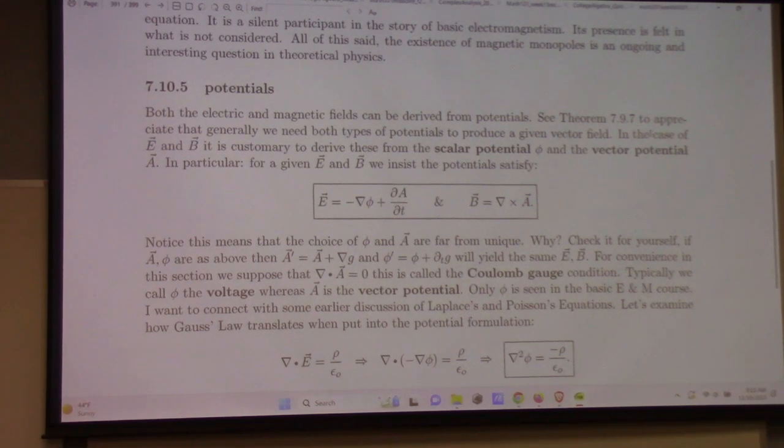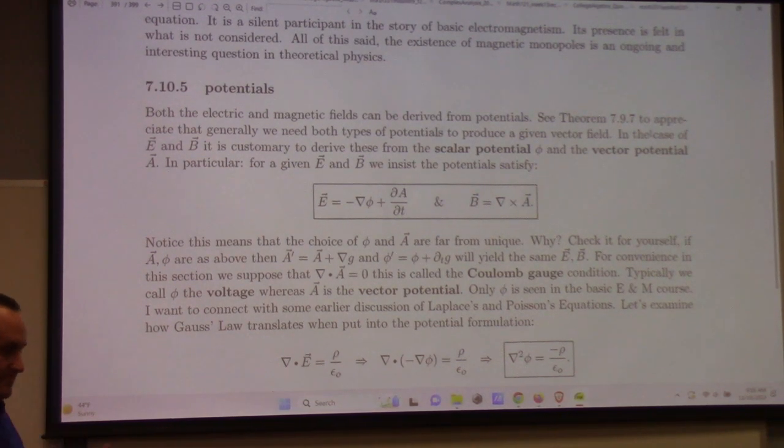You guys have seen that in the homework problems where I've asked you to find either a function or a vector. Some of the problems in the homework are like, find a vector field whose curl is a given vector field. Or there are other problems where I ask you to find a potential such that the gradient of the potential is equal to a vector field. Both of those kinds of problems don't have a unique answer. For the potential, you can always add a constant. And for the curl problem, you can always add a gradient.